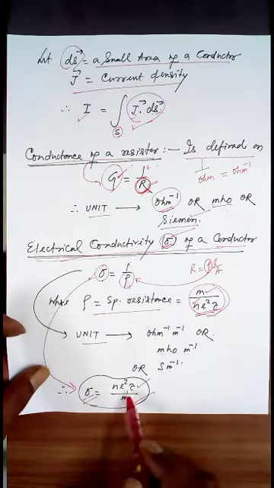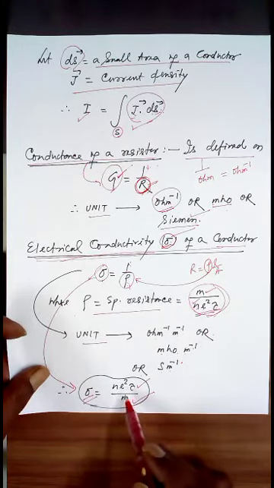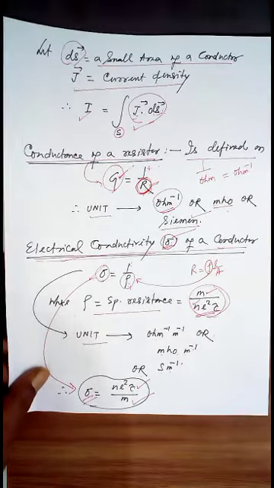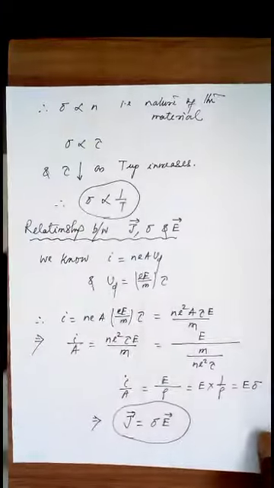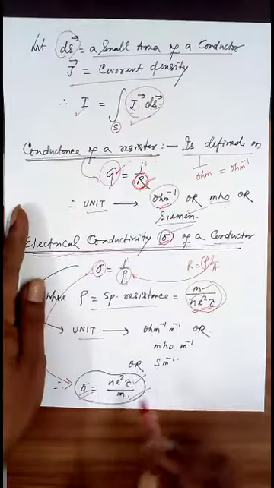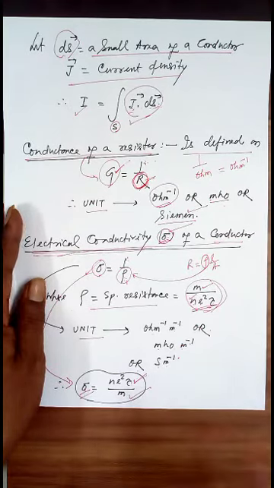If you look at the formula, this depends on n and on the relaxation time, e and m being constant for an electron. So sigma is proportional to n and sigma is also proportional to tau. What is the meaning of that?